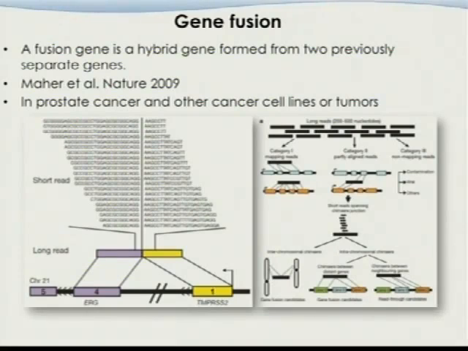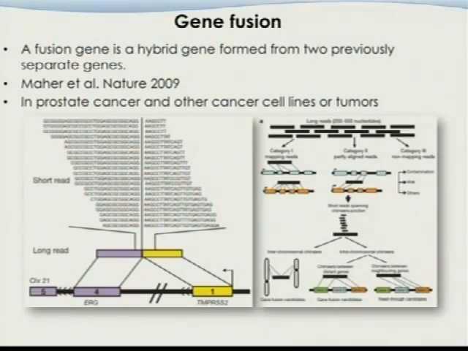So this is the first published study of gene fusion using an RNA sequencing experiment. So the experiment is not really something that can be reproduced by a lot of groups, right? And not in terms of the science, but in terms of the experimental setting, it's a pretty difficult thing to do.